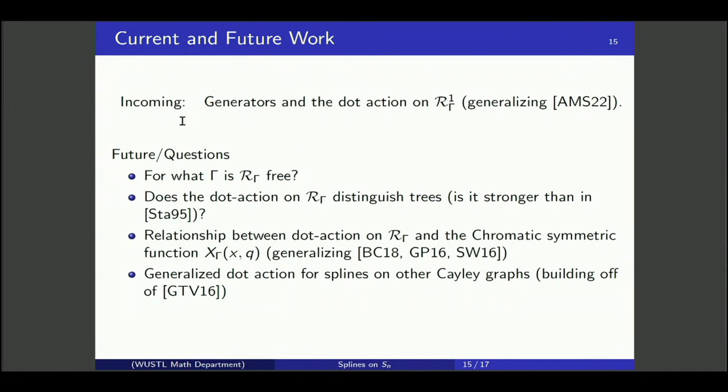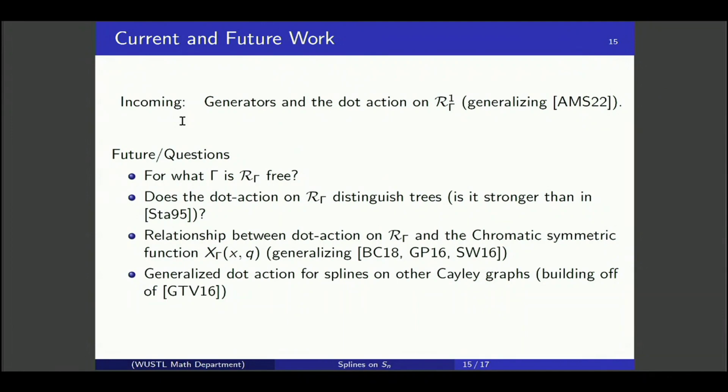I know I can do it for trees, and I can say what that S_n representation that you can pull out of the dot action actually is. And for arbitrary graphs, I feel like I'm very close. Anyway, some interesting questions. The impression that I want to leave you with is that there are a lot of things about this construction that have yet to be explored.